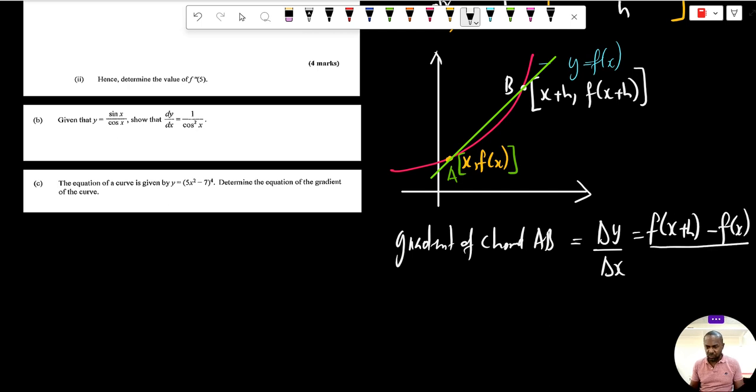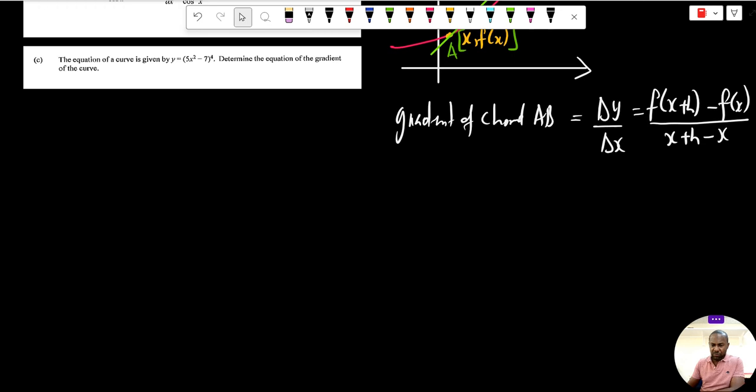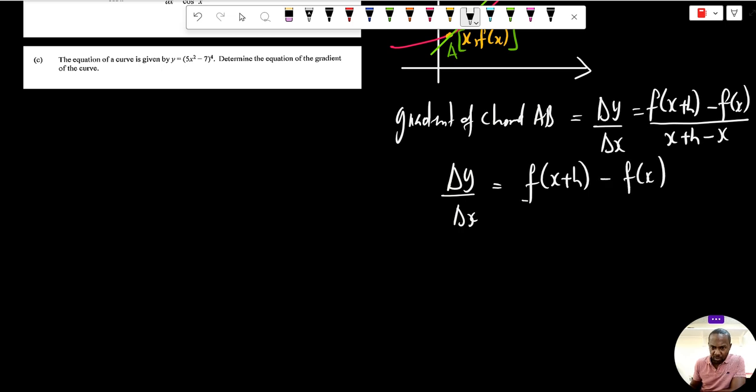The change in x will be x plus h minus x. So the gradient of the chord, delta y over delta x, would be equal to f of x plus h minus f of x all over x plus h minus x, which is h.